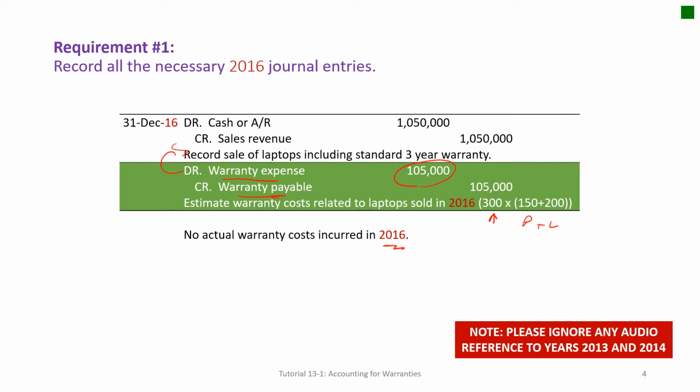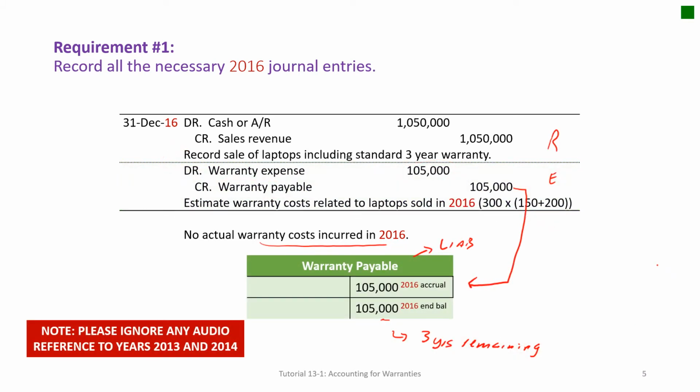That's calculated as 300 laptops times $150 in parts and $200 of labor. This is parts plus labor. And at this point, there are no warranty costs incurred in 2013. Just to make it simple, we'll presume that any warranty claims don't start until 2014.